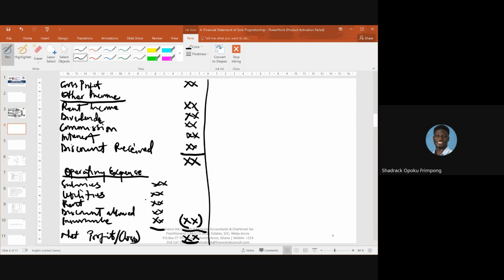Then we deduct all operating expenses: salaries, utilities, rent, discounts given to our customers, insurance, repairs, maintenance, all those will form part of our operating expenses. And we deduct our operating expenses from this total figure here.